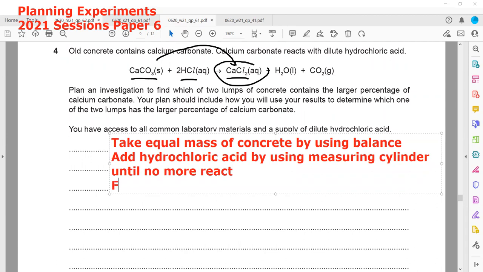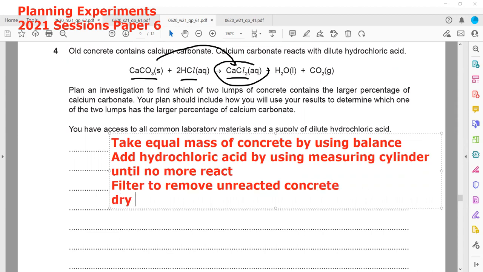Then we will filter to remove the unreacted concrete, dry the concrete, and reweigh it again.